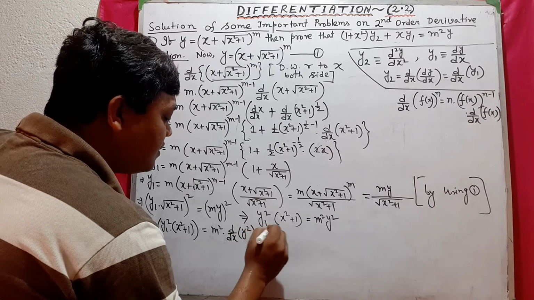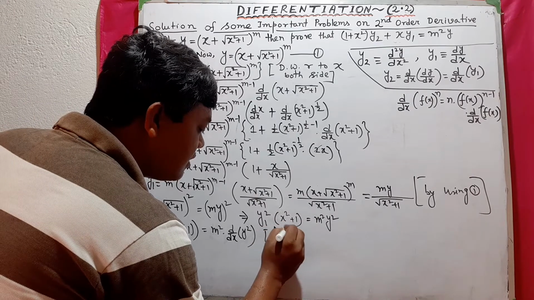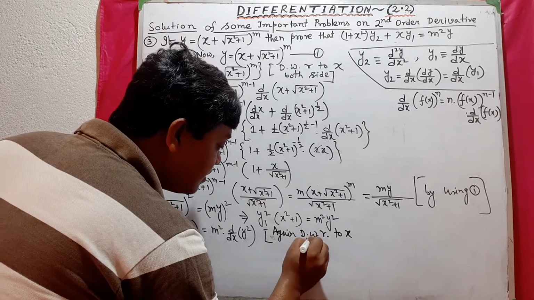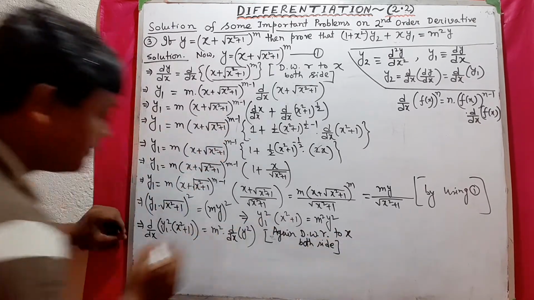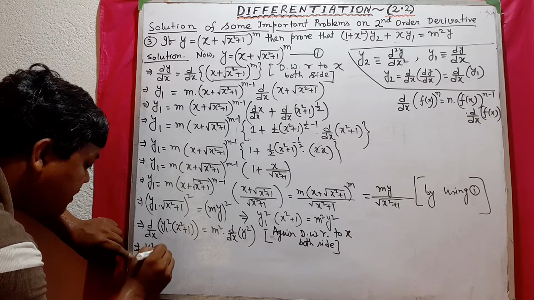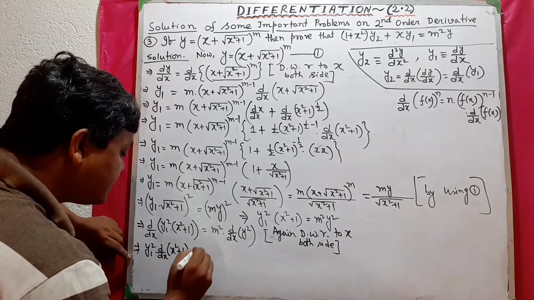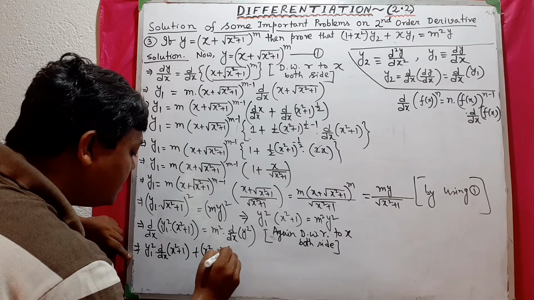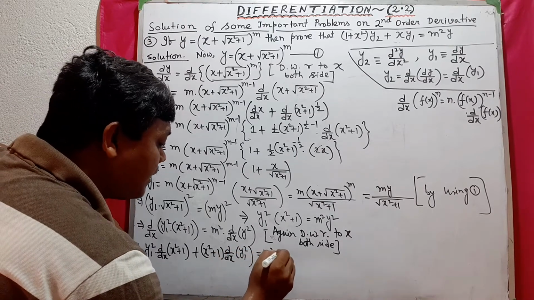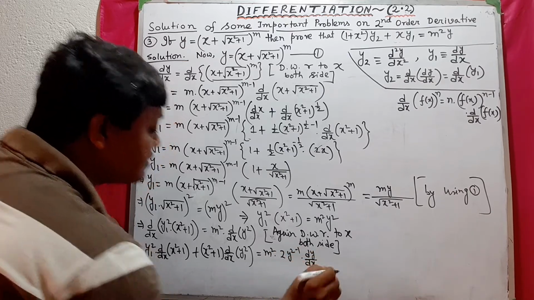Okay, so we write down, differentiate with respect to x again, both sides. So now y1 square d/dx of x square plus 1, and x square plus 1 d/dx of y1 square, and that is m square 2 into y to the power 2 minus 1 dy/dx.